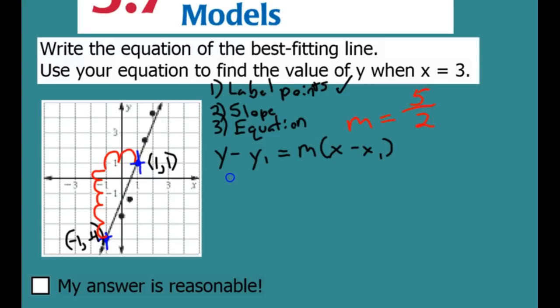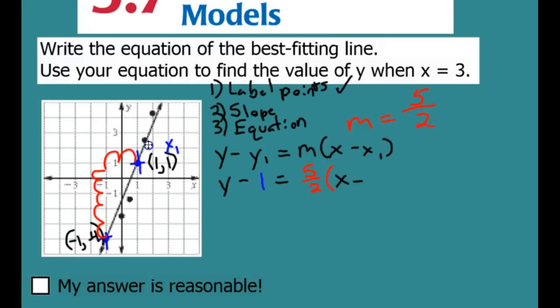So what we're going to start with is y minus y1. If we're using 1 and 1, y1 is 1, equals our m, which we found was 5/2, or 5 over 2, times x minus x1.